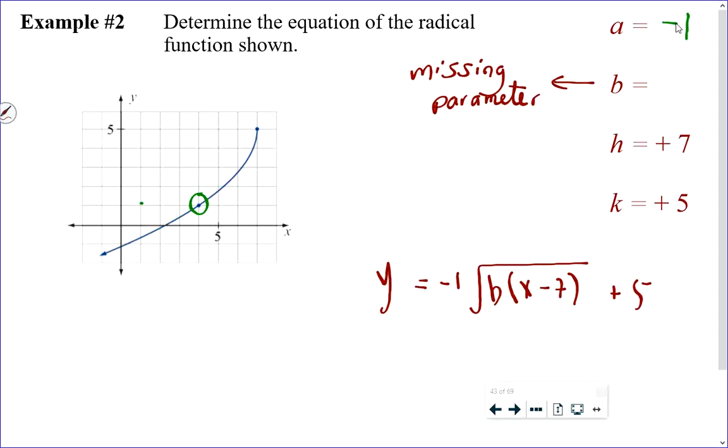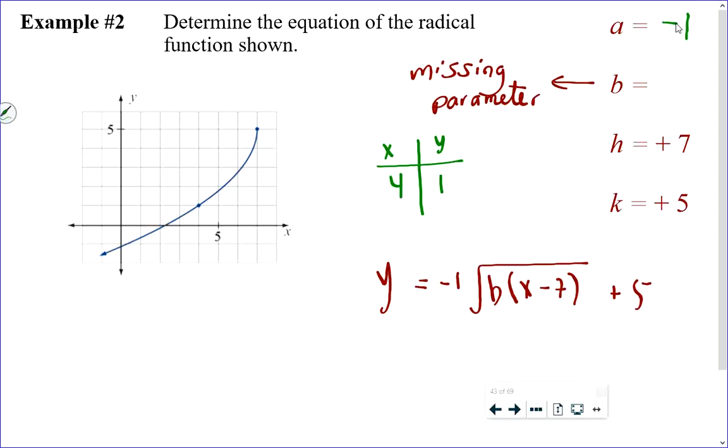For those of you that had me in Math 20, I started back then. And if I taught Math 10C, I would do it there too. A missing parameter is always found by loading in an ordered pair. And the ordered pair here is 4, 1. 4, 1 is a point on the function that the function passes through.